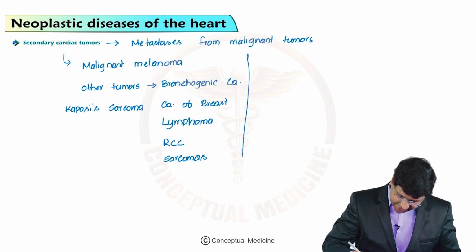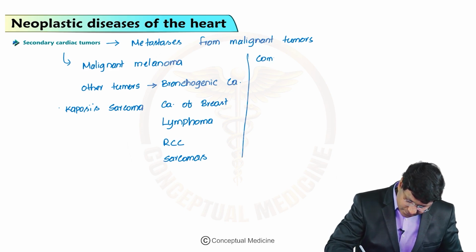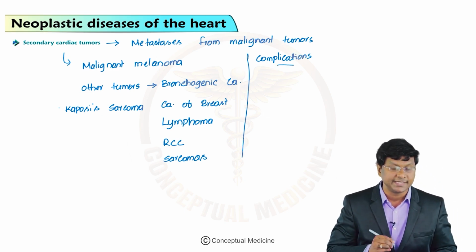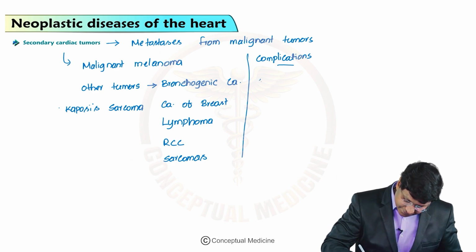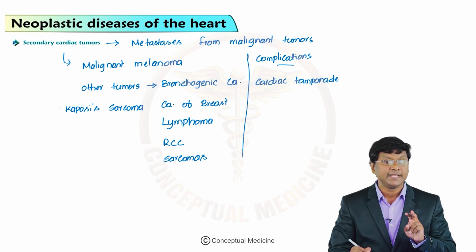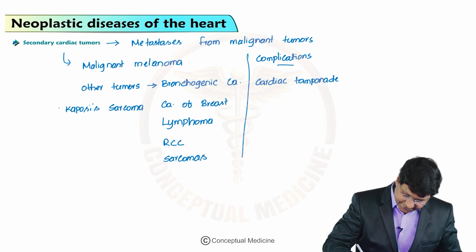What will be the complications of secondary cardiac tumors? That includes number 1, cardiac tamponade. Number 2, arrhythmias.